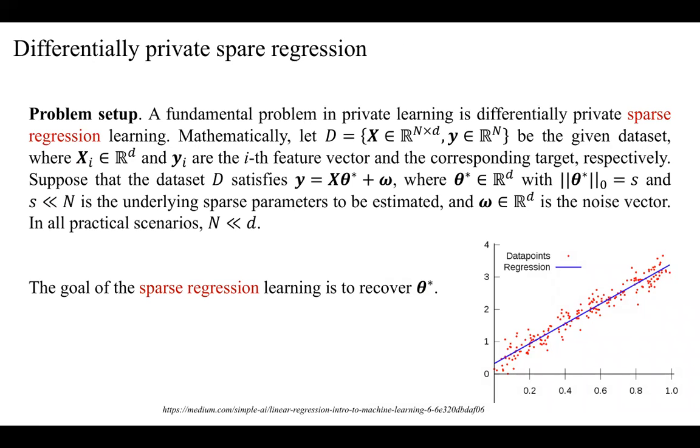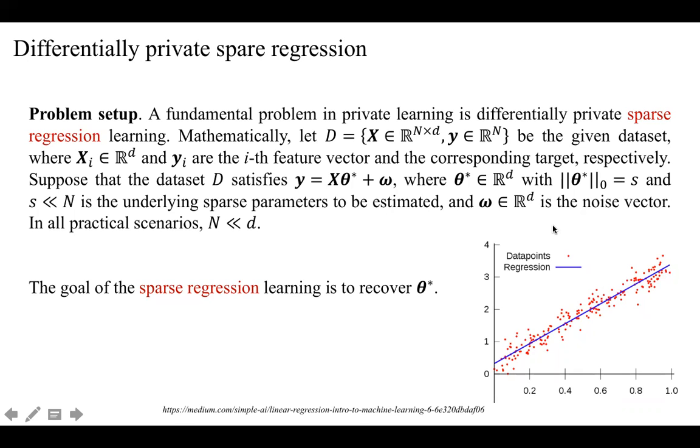A fundamental problem in private learning is differentially private sparse regression learning. Mathematically, let D be the given dataset, which includes the data X and the label Y. Suppose that the dataset D satisfies Y equals X times theta star plus omega. Here, theta star refers to the underlying sparse parameters, where its sparsity is S, and omega is the noise vector.